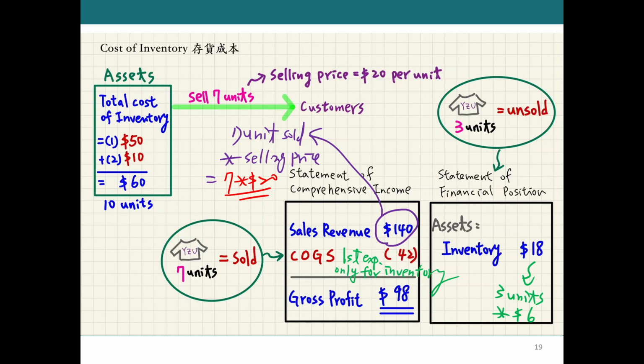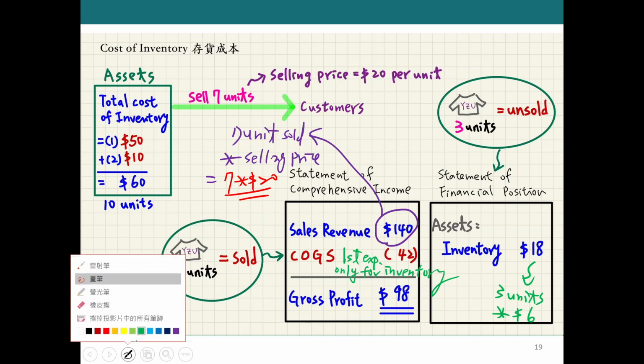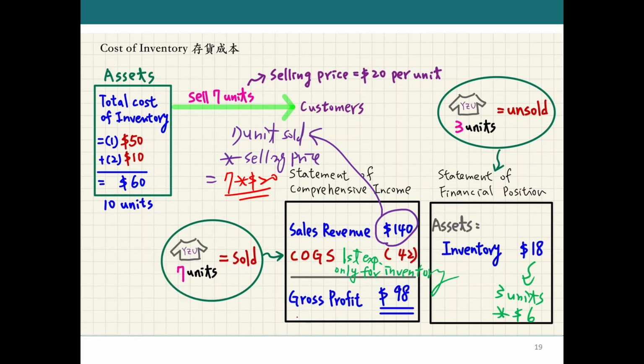Gross profit. 毛利. So what does it mean? The profit you will get from inventory. So only think about inventory, the profit you can get. Gross profit, 毛利. So what does it mean? $98 means the profit you can get only because of inventory.